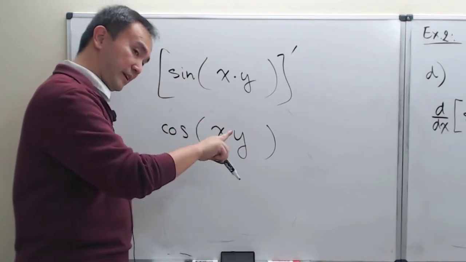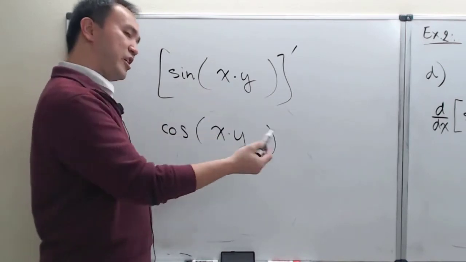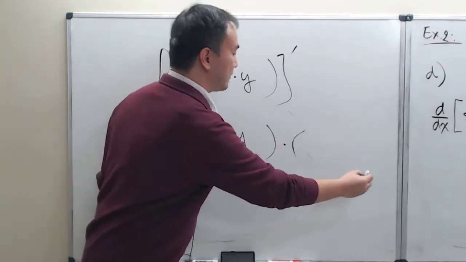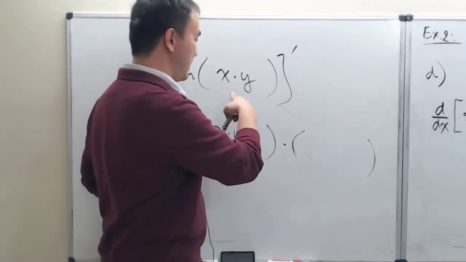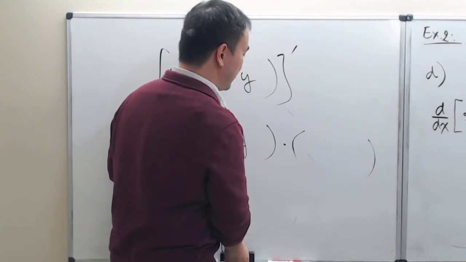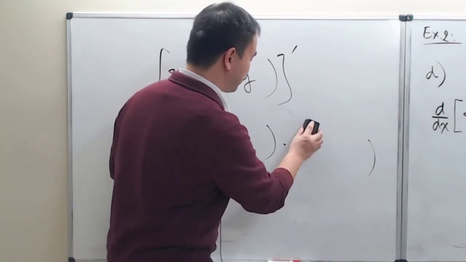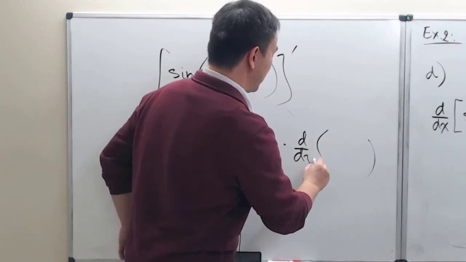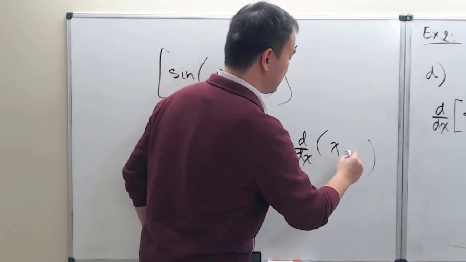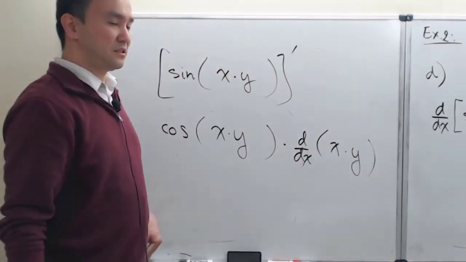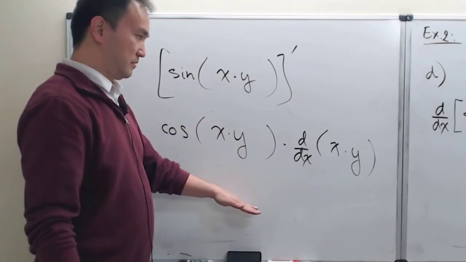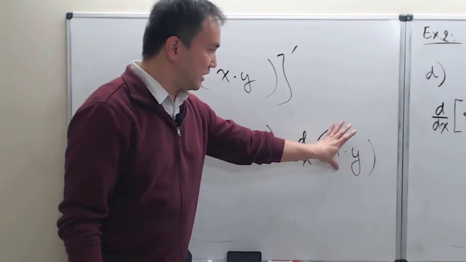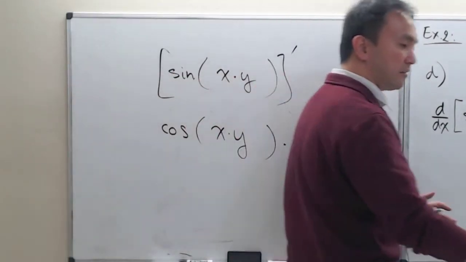We take the derivative of the outside function, and the chain rule further says we multiply by the derivative of the inside. Now we have to start taking the derivative, d dx, of this product. I have to tear it down and work on this part separately, and all this is ready to substitute in our next step.